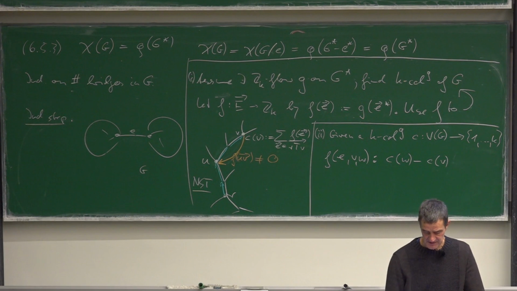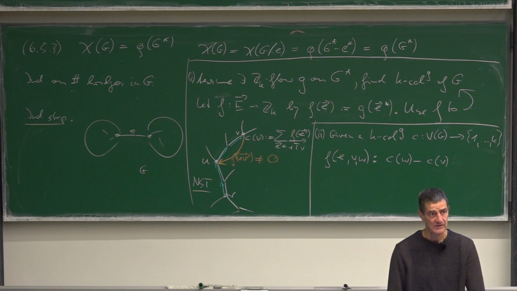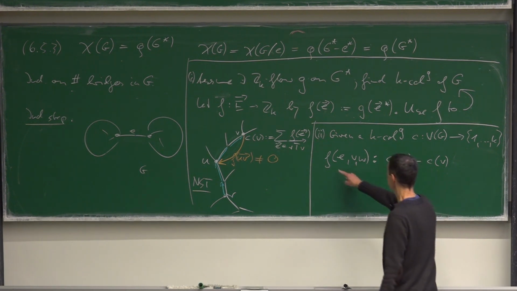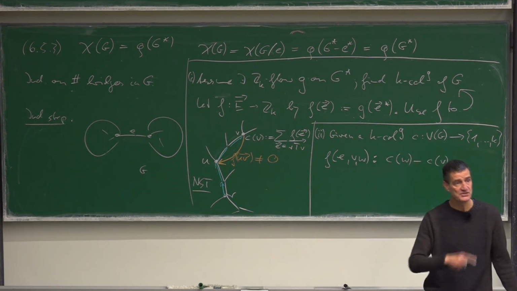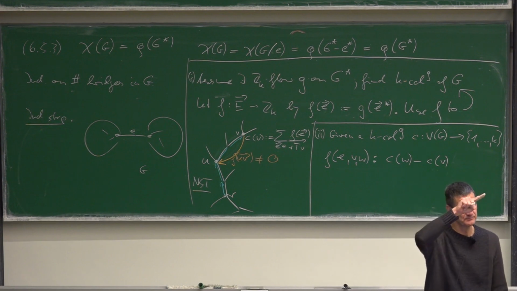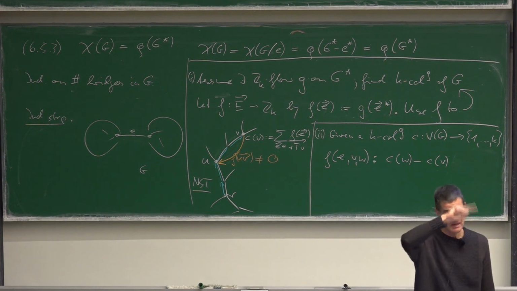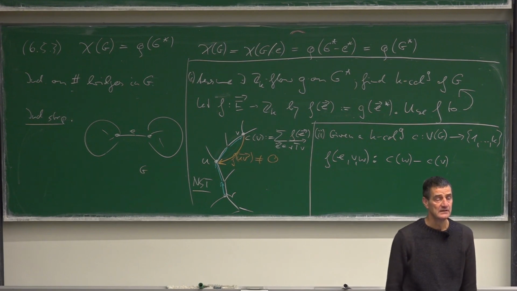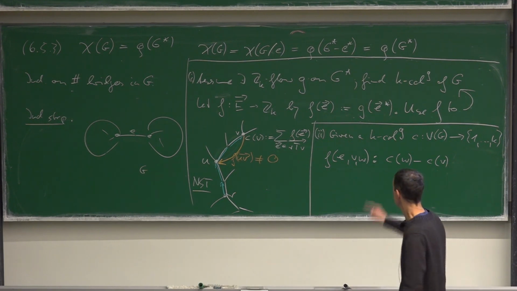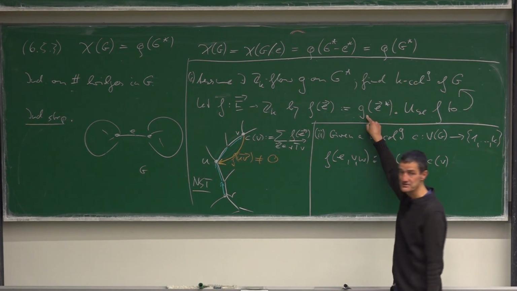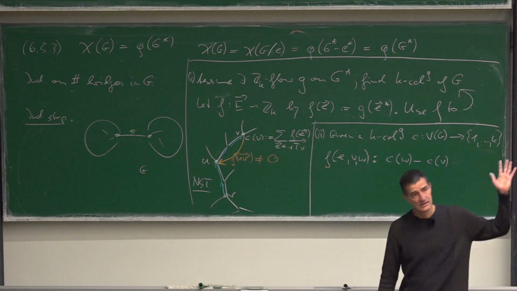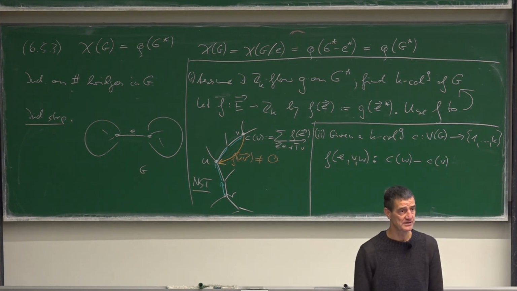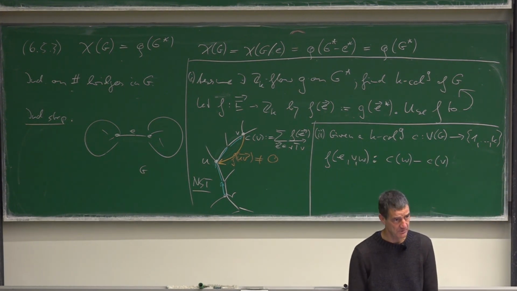So then we need to show that this F here sums to 0 round every cycle, because then it will sum to 0 across every oriented bond, which is what we want to show.